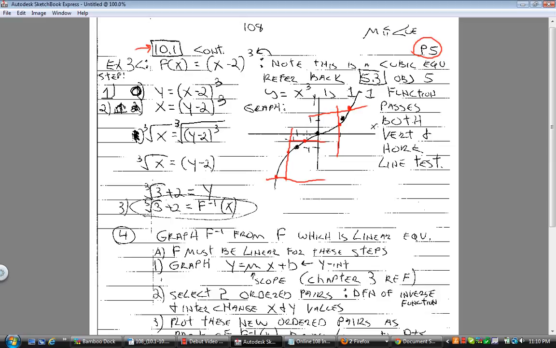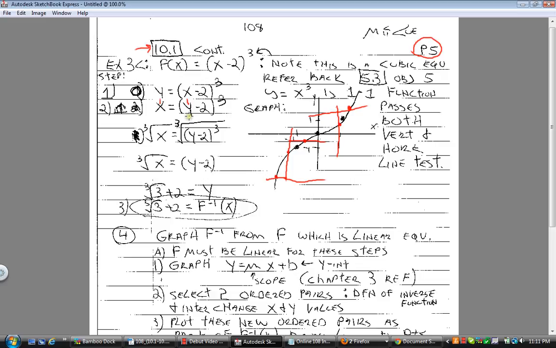And so that takes us back to the original problem of y equals quantity x minus 2 raised to the third power, and let's go through our steps. First step here, once we write the original equation, is to interchange the y and the x variables. You simply swap x for y and y for x. And once you've done that, you now ask yourself, how can I isolate that y variable?